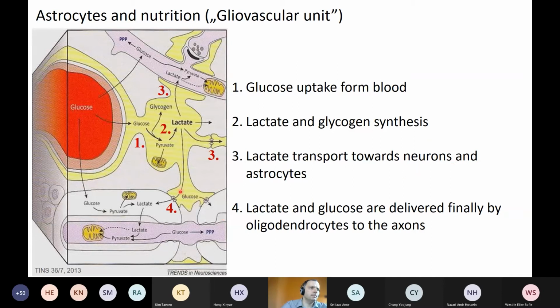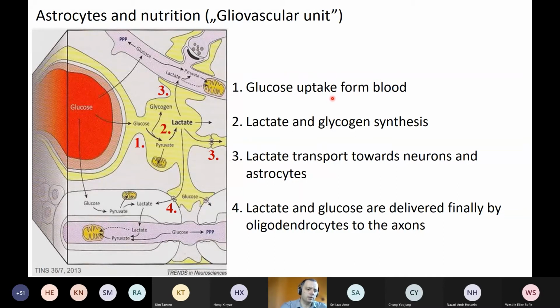And importantly, the lactate can also be transported into the oligodendrocytes, which then finally will feed the axons. So in different aspects, the astrocytes have a great significance in the nutrition of neurons, and without this action, the neurons cannot perform their function.